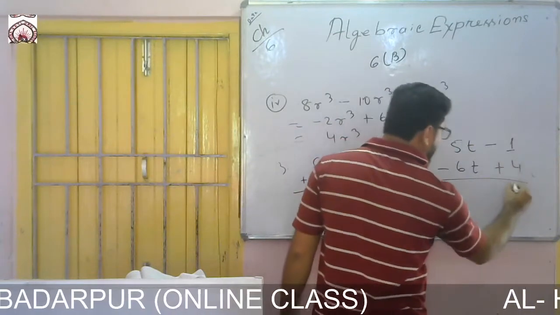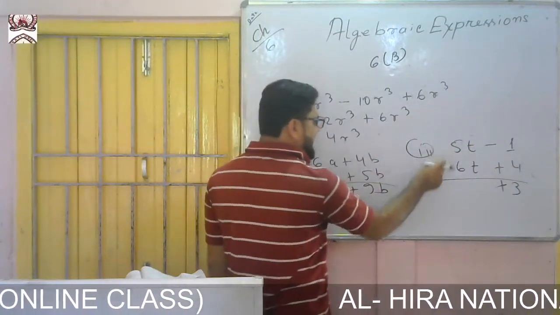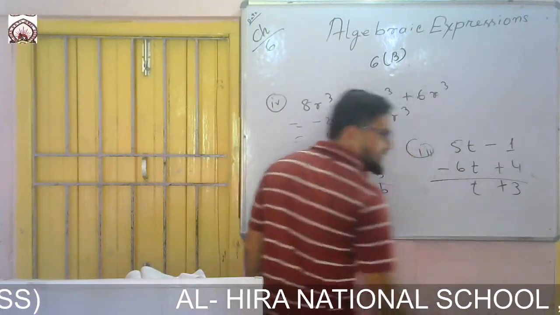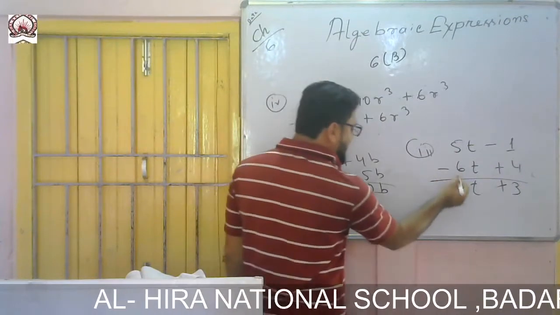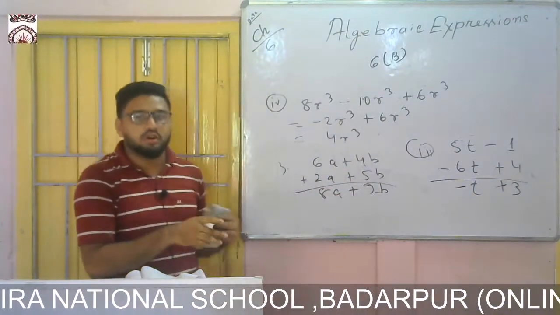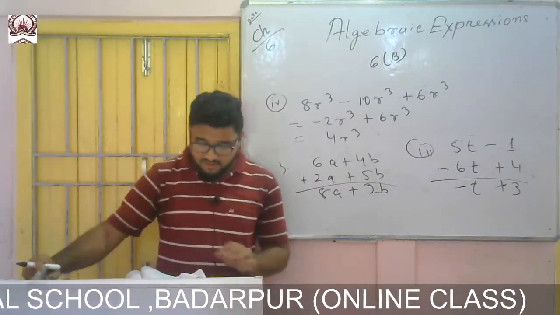So 4 minus 1 is 3. And the bigger sign is plus. Plus minus, minus. 6 minus 5 is 1. So 1, that is only t. Then the bigger sign is 6, so you should put the minus symbol, because 6 is bigger. So minus t plus 3.